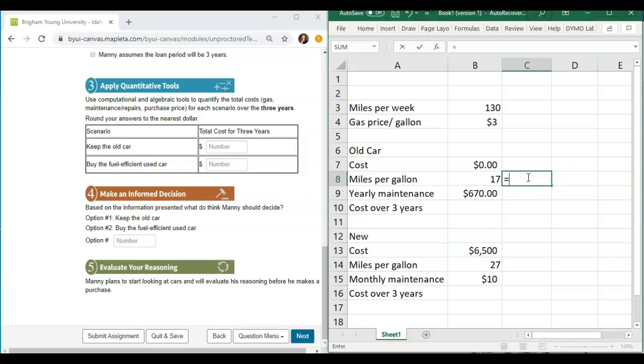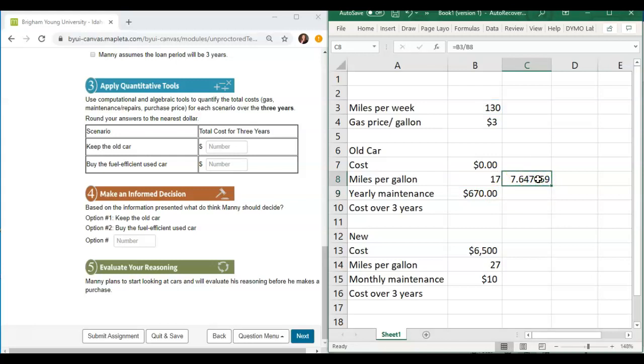So we're going to do equals so that Microsoft Excel will calculate for us. We'll take his 130 miles and then divide that by how many miles per gallon he gets, and that will tell me how many gallons per week he needs. And so this is how many gallons he's going to need per week.